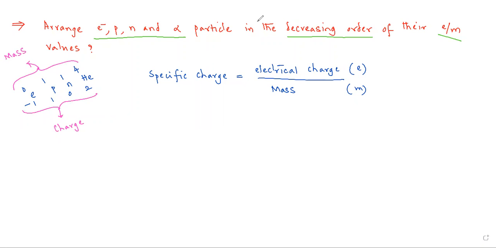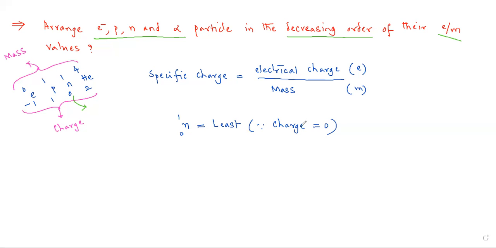See, if you look at the neutron, it is with a zero charge. So electrical charge is zero, therefore 0 by something is 0, right? Least E by M is for neutron, isn't it? Because the charge on a neutron is 0 by something.